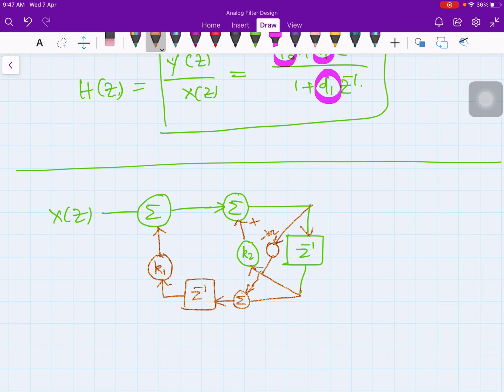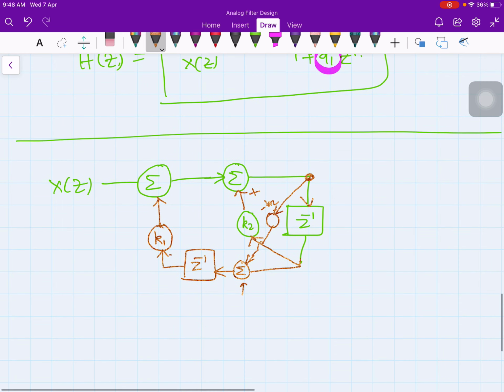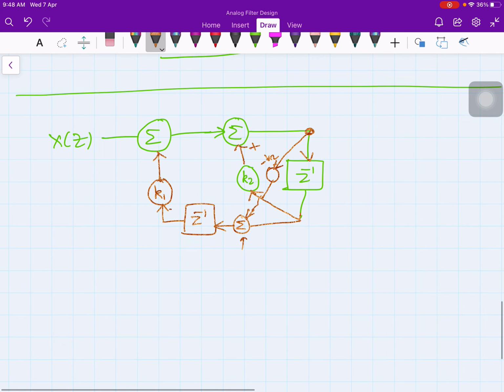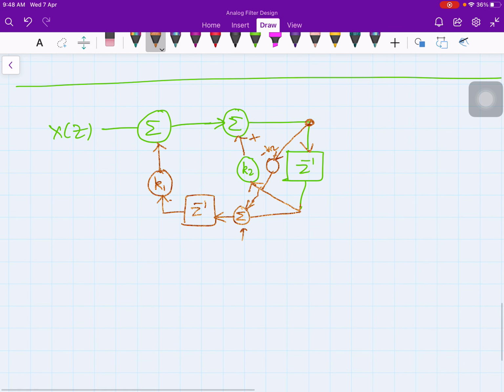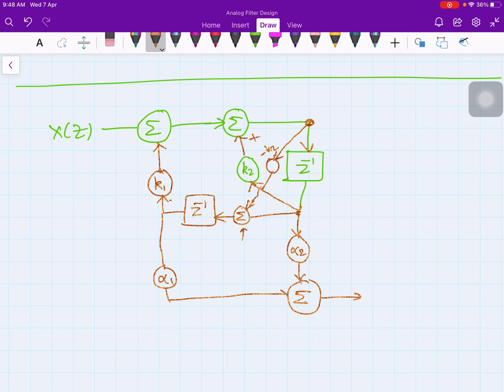Okay, this summer gets an input from this point. Okay, and then from this point you put alpha 2, another multiplier, and then you put a summer, and the summer gets one more input via this multiplier alpha 1, and then like this.